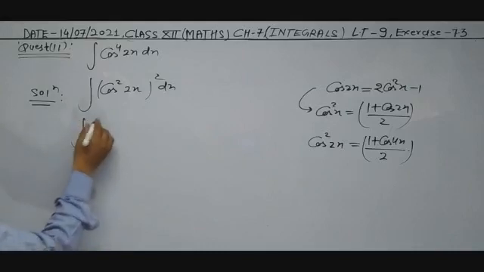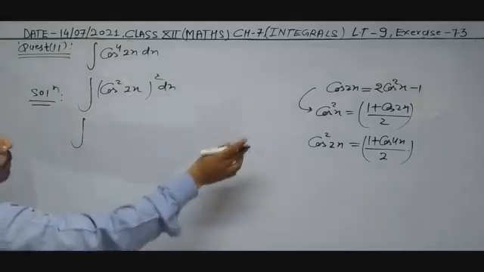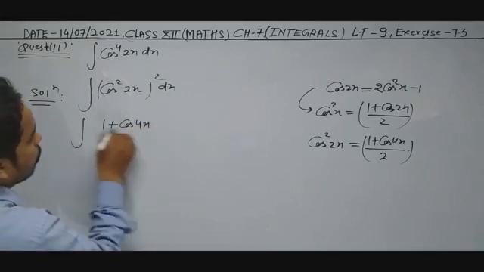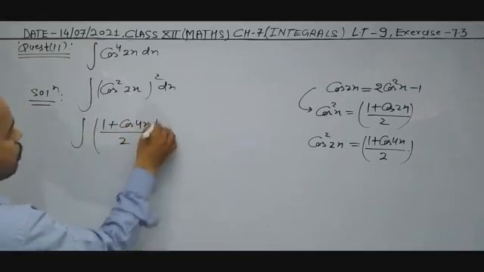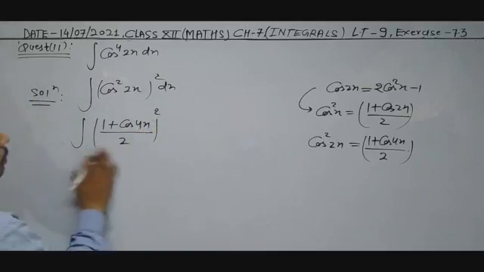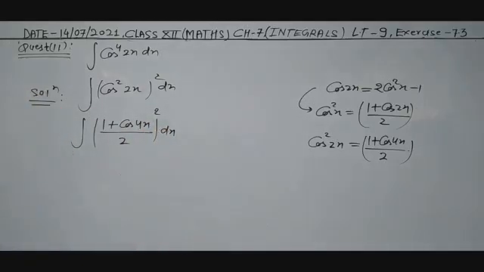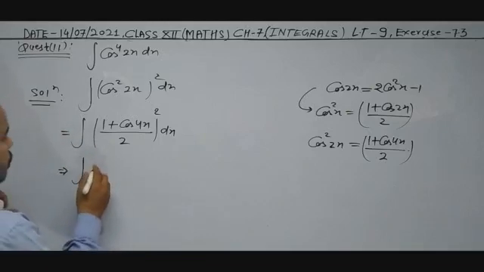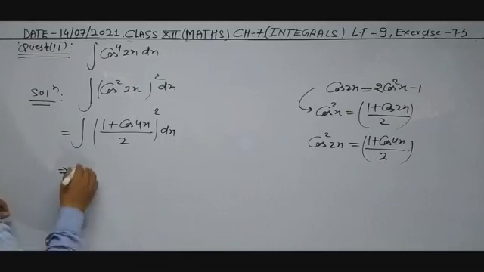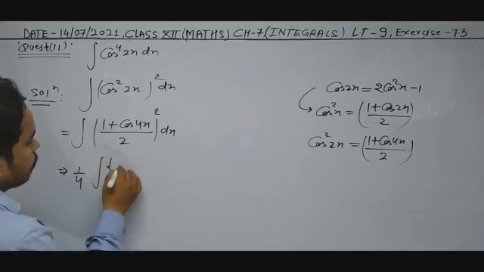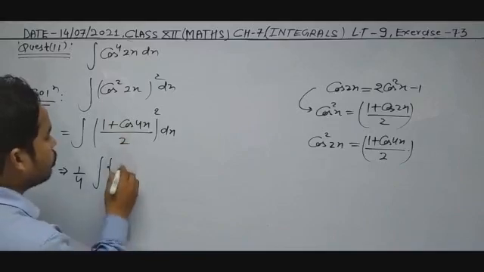And now cos square 2x can be written as ((1 plus cos 4x) by 2) whole square dx. Now you can expand. First of all, 1 by 2 squared will be 1 by 4, and its calculation will be (1 plus cos 4x) whole square.